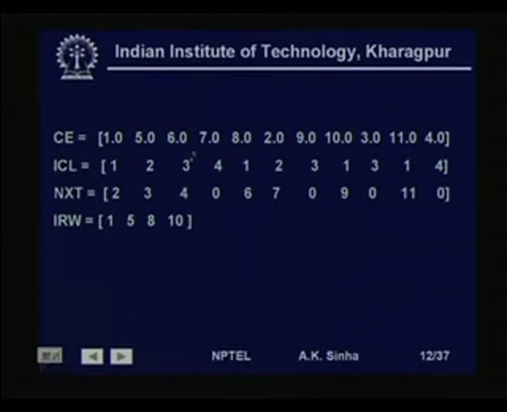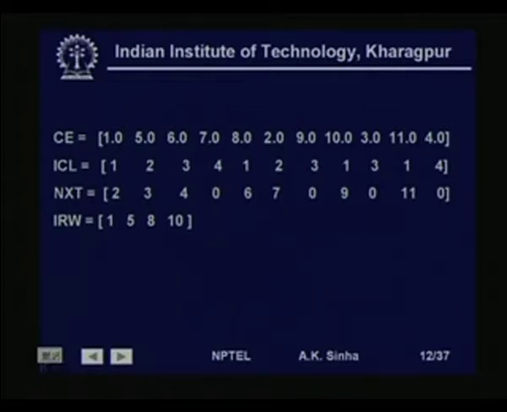Position number 4 has 7, which is again an element in the same row. Now, after this 7 there are no further elements in the same row. So, the next element is no longer there for the same row, and this is indicated by a null pointer, that is by 0. So, this 0 indicates that there are no more elements in this row.